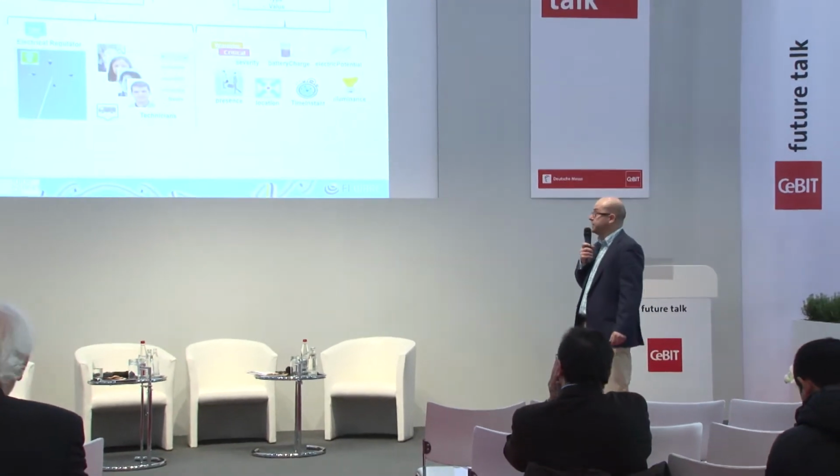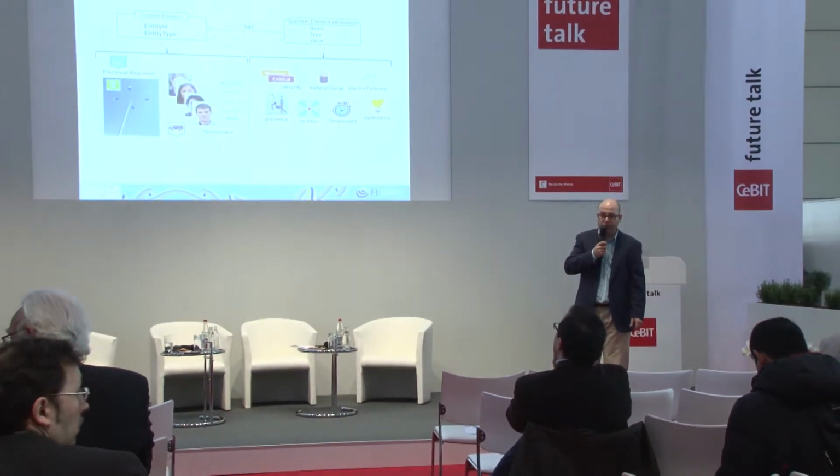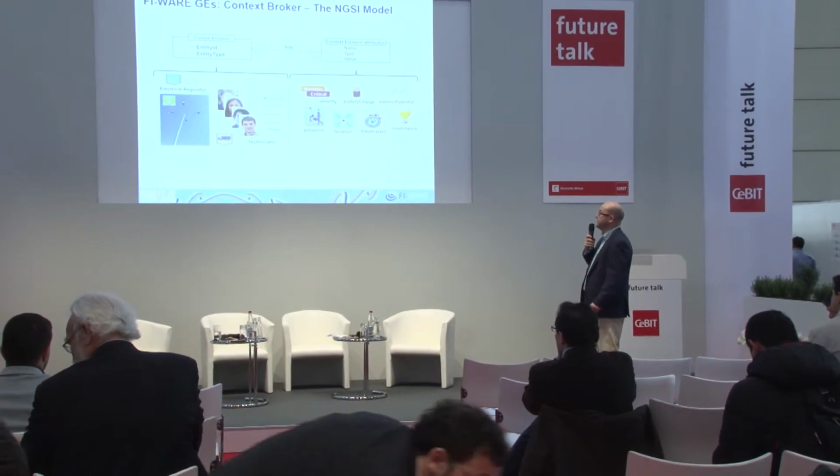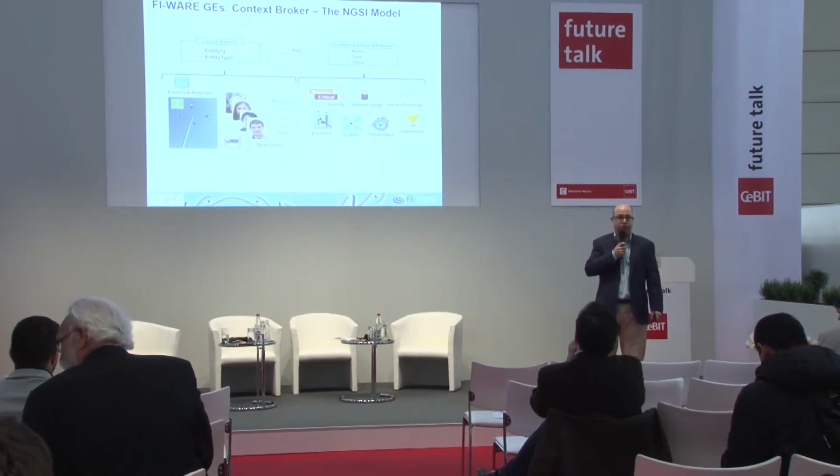A context entity can be any sensor, a person, a car or a mobile phone, whatever. It can have some context data associated with it. On the other hand, we have the context attributes. This can be whatever measure is gathered by the sensor, the location of a mobile phone, whatever. So this is the kind of information that the context broker manages.